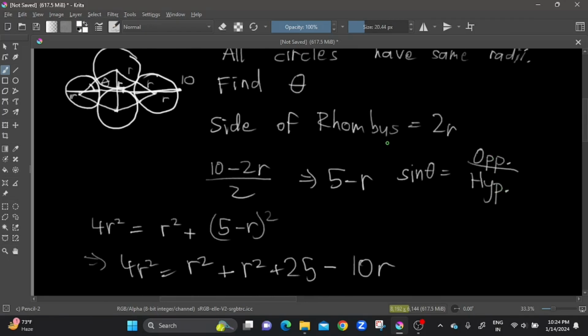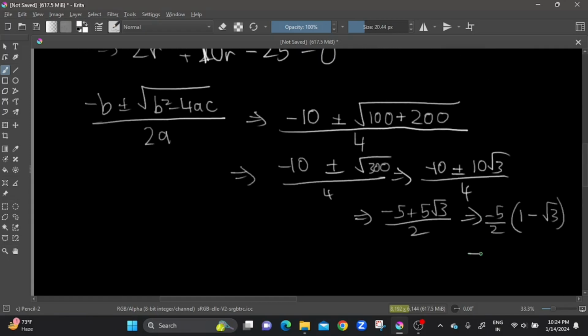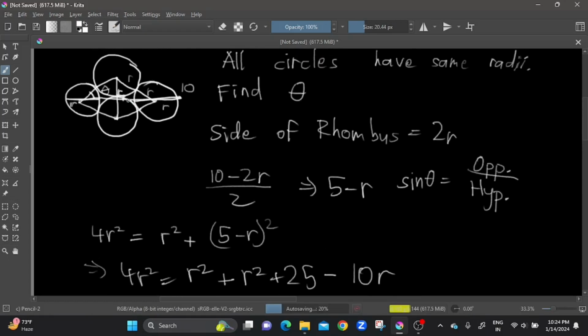And the hypotenuse is 2r. So instead of going through all that, we can just assume this value to be some alpha, same thing as r, never mind, we'll just use r. The opposite is the length r, and the hypotenuse is length 2r, so r cancels out, you get 1 by 2, right?